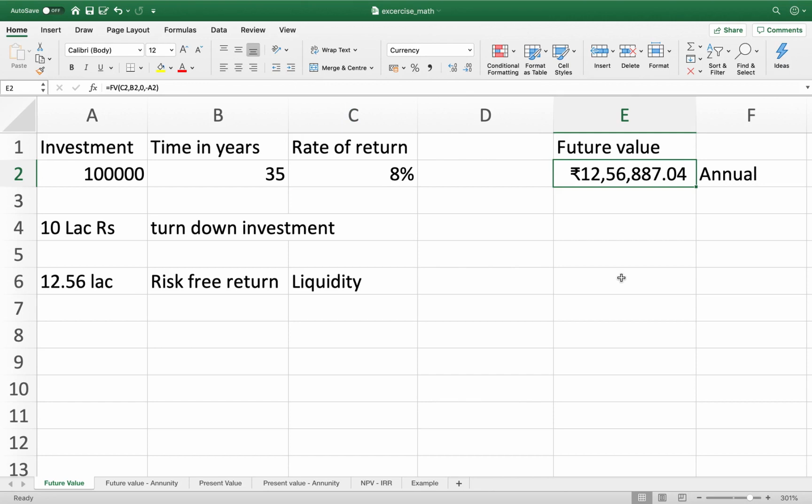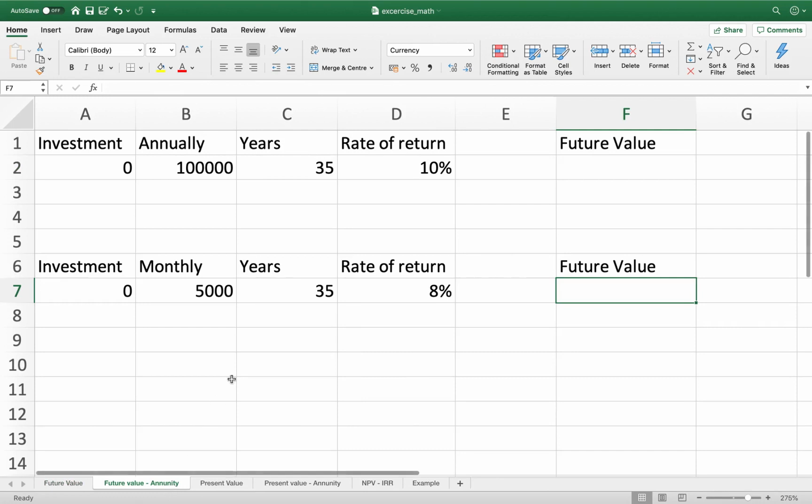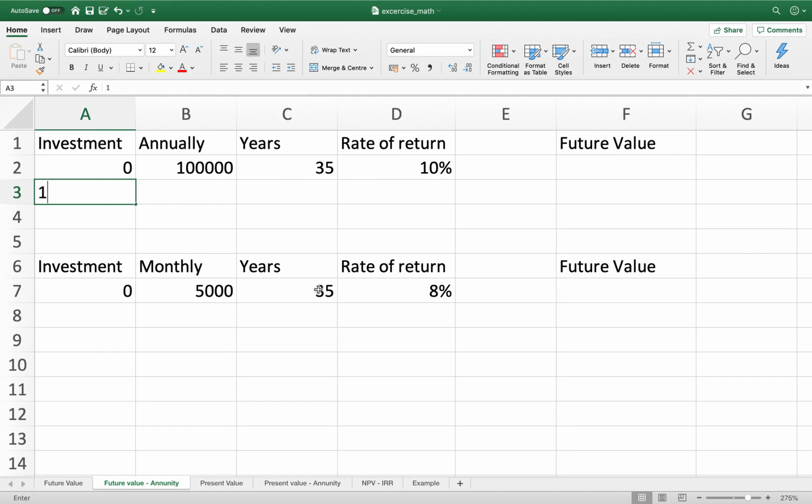The idea was just to explain the formula of future value with a situation which you understand. Now there is another situation which I have taken here, where someone will tell you: keep giving me 1 lakh rupees annually and I'll give you 1 crore after 35 years. I'm sure many of you would have seen this kind of offer.